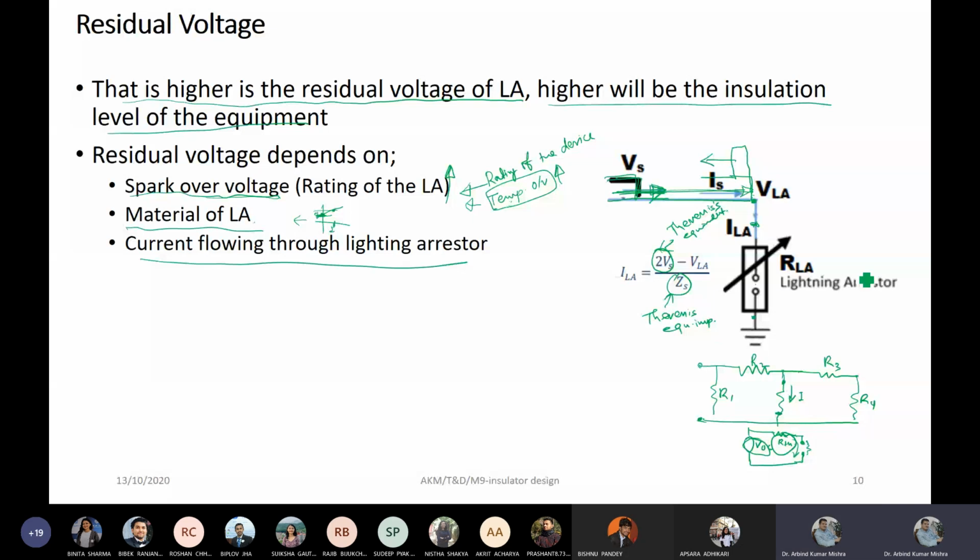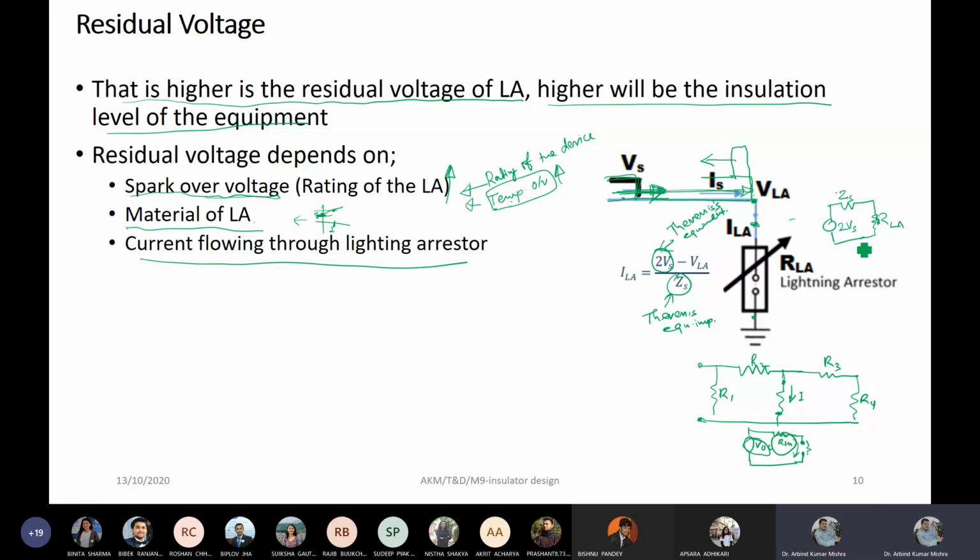Then the equivalent circuit for the lightning arrestor will be, this is the lightning arrestor resistance, this is 2 times the striking voltage, and this is the surge impedance of the line.